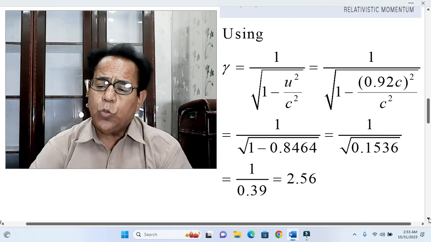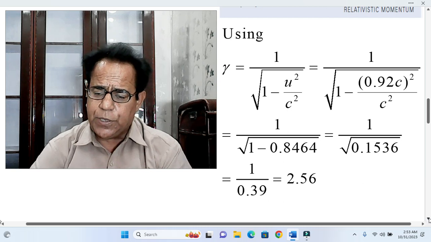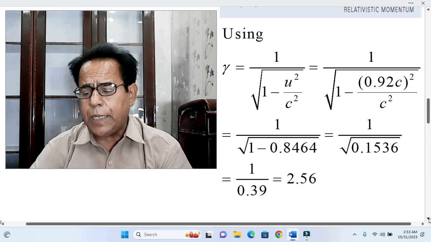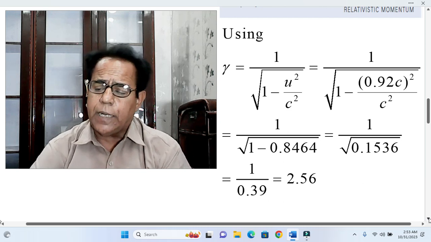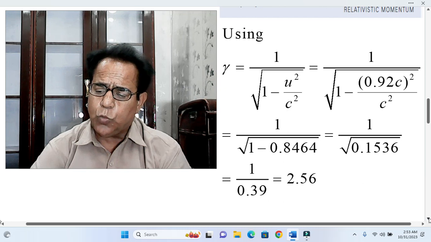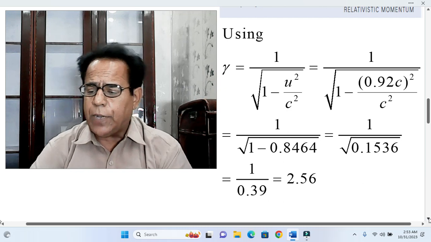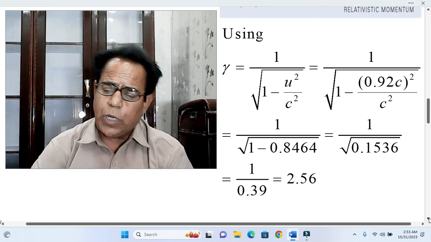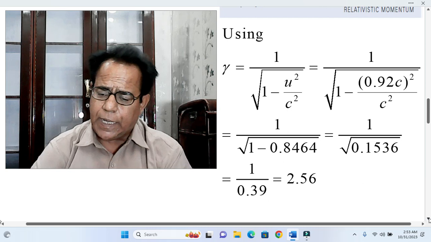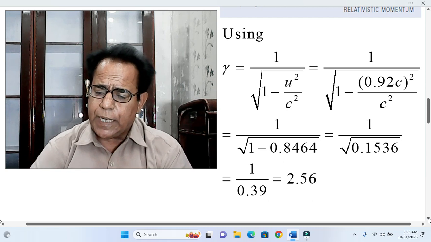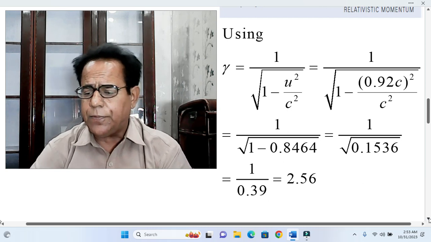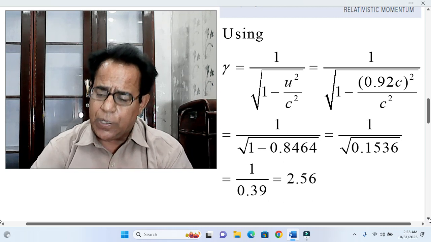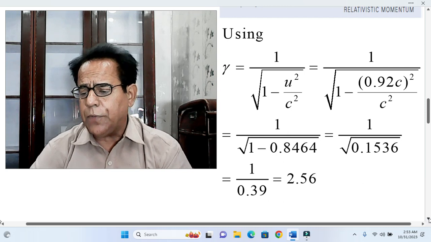So our expression has been reduced to gamma equal to 1 over the square root of 1 minus 0.8464. We have subtracted 0.8464 from 1, and hence our denominator has been reduced to the square root of 0.1536.